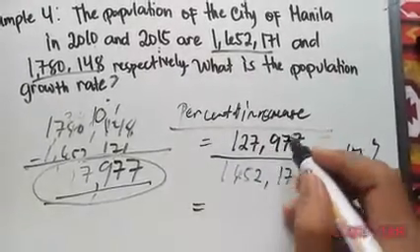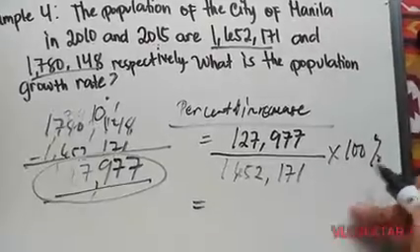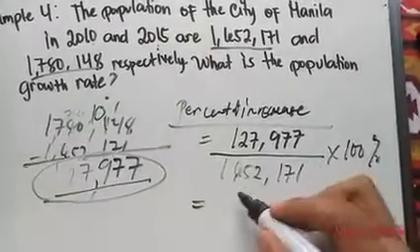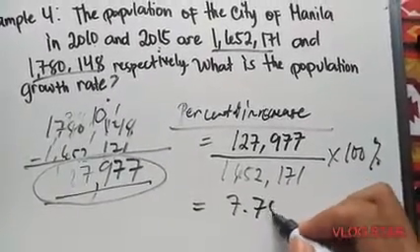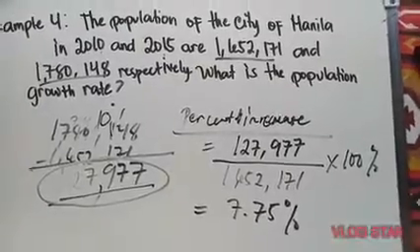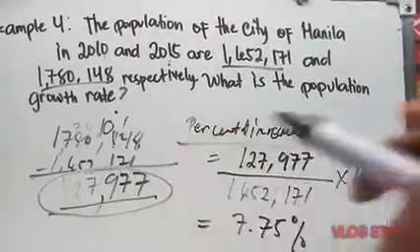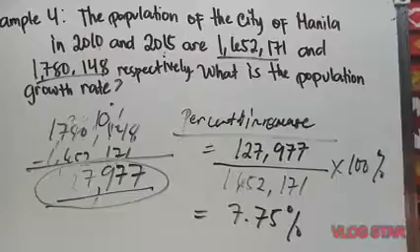If we divide this times 100%, the answer is 7.75%.